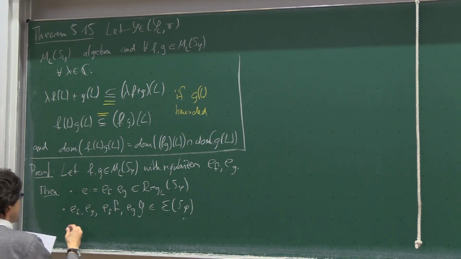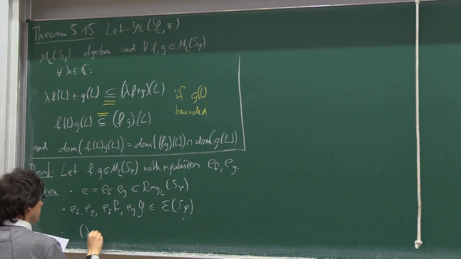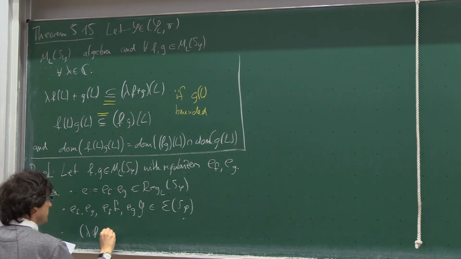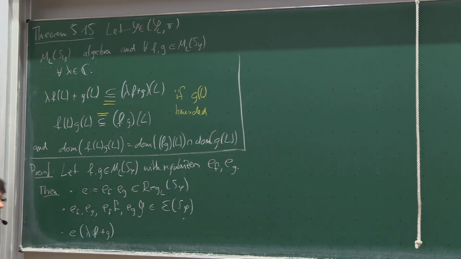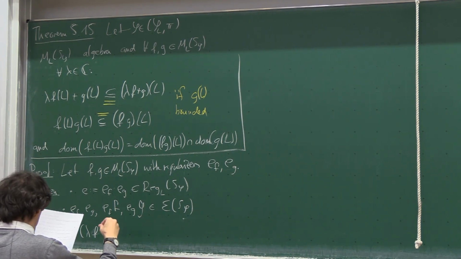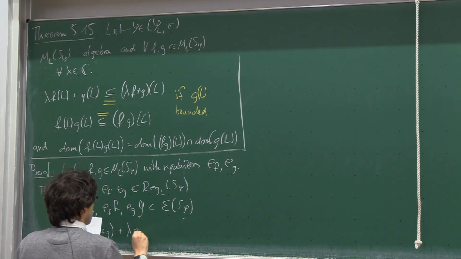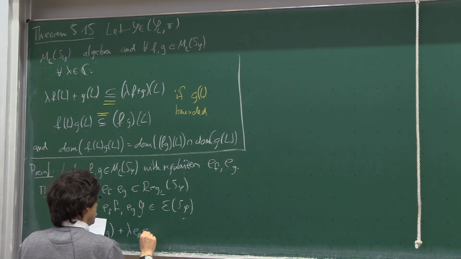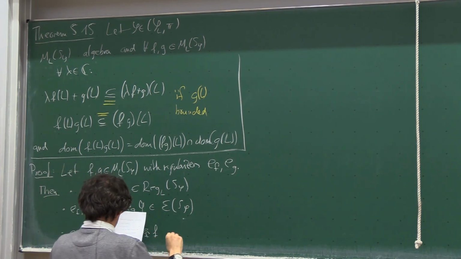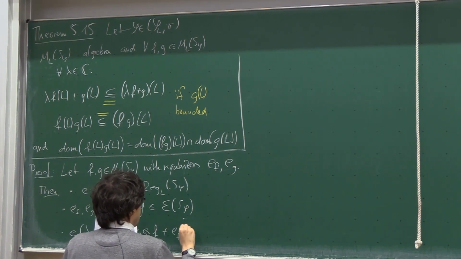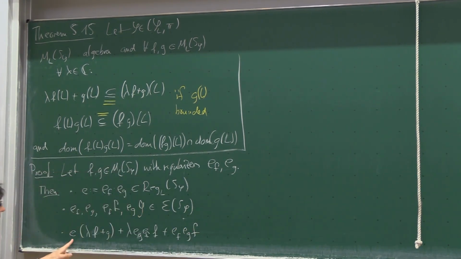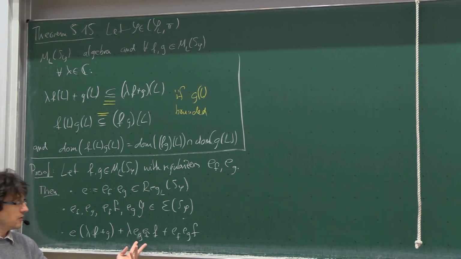And this means that if you take lambda F plus G and multiply with E, what I claim is that this E will be a regularizer for lambda F plus G. If you multiply lambda F plus G with E, what you get is lambda E_G E_F F plus E_F E_G G. So E is E_F E_G, and if I write it as E_F E_G or as E_G E_F, this doesn't change anything.